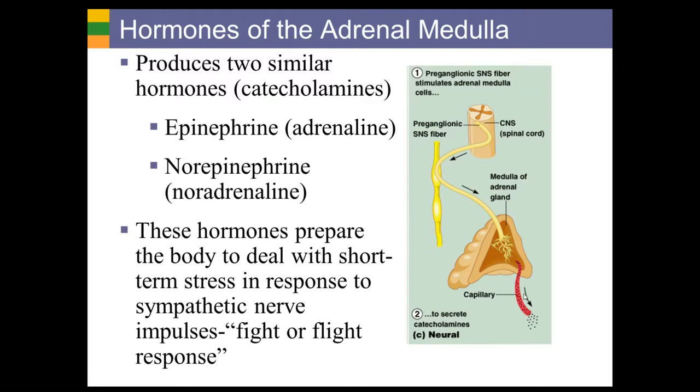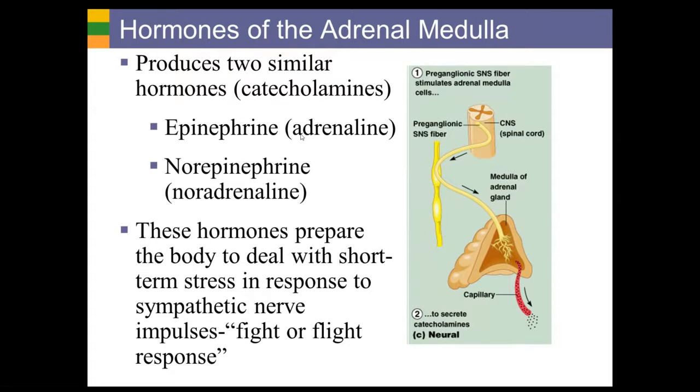It increases heart rate, it dilates blood vessels that supply blood to skeletal muscles, it increases respiration rate, it dilates the respiratory passageways, right? What these hormones from the adrenal medulla basically do is they reinforce the activity of the sympathetic nervous system.